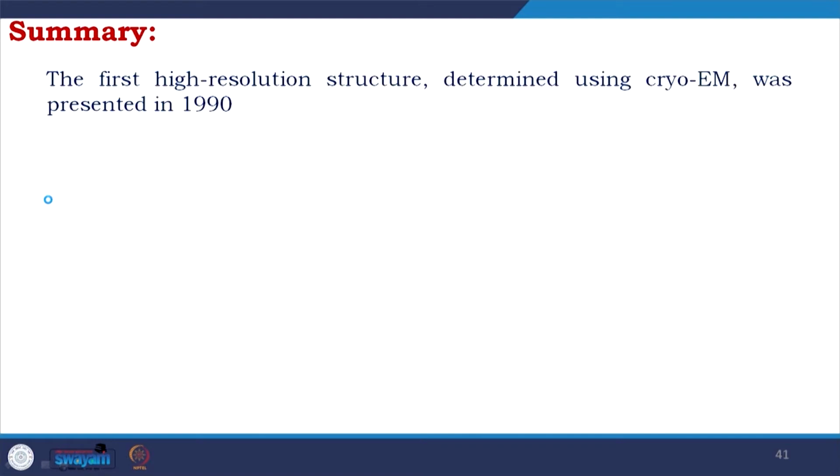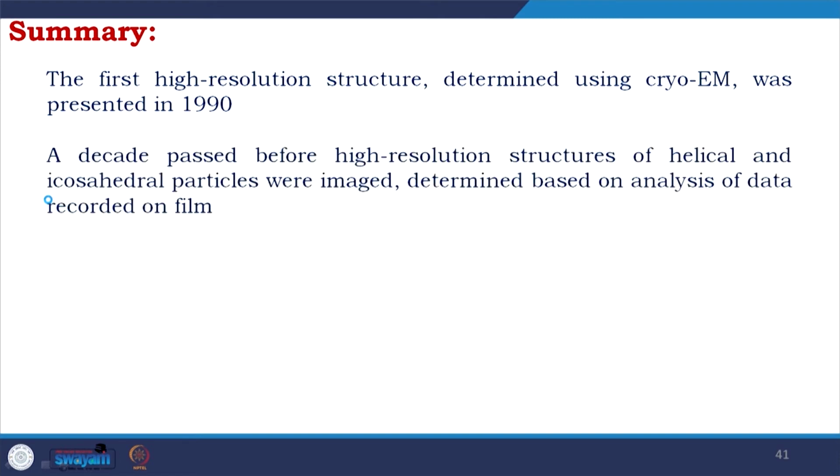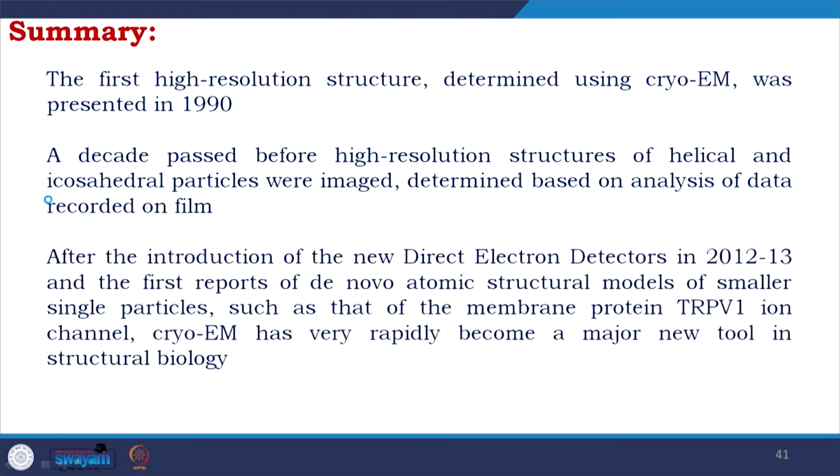Coming to the summary, the first high resolution structure determined using cryo-EM was presented in 1990, the structure of bacteriorhodopsin by Henderson. A decade passed before high resolution structures of helical and icosahedral particles were determined, based on analysis of data recorded on film.